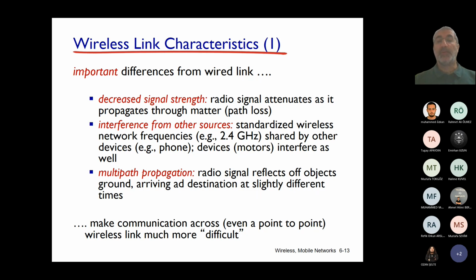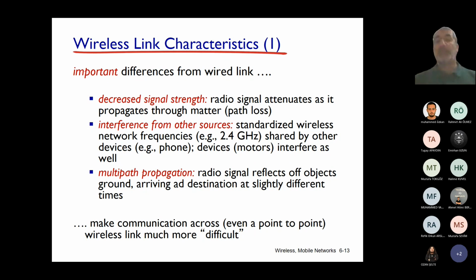Another important problem in wireless links is interference from other sources. For instance, 2.4 gigahertz is an unlicensed band, and different technologies can operate in this band. That's why they share it, and they can interfere with each other. So we need to take care of this interference problem.